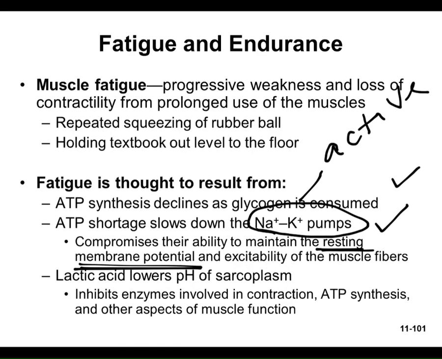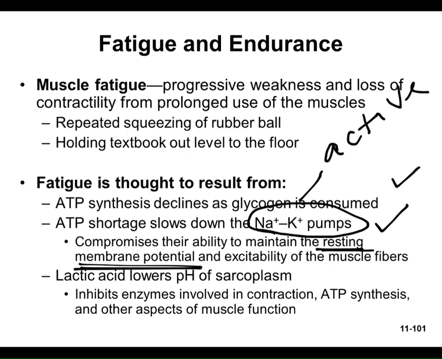Resting membrane potential. If you can't maintain your resting membrane potential of a neuron, and we talked about how you could add a chlorine or something else and make it more difficult to reach threshold, same idea. If you're mucking up your sodium-potassium pump and you're no longer able to maintain your resting membrane potential, it can make it more difficult to reach threshold.